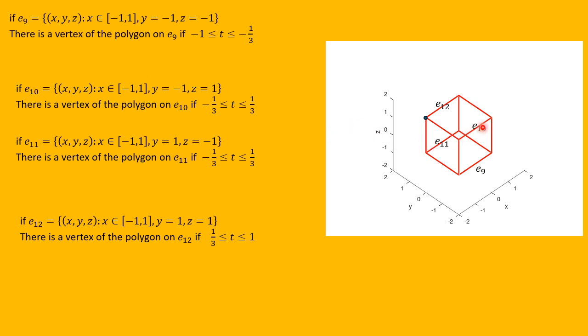For E sub 10, we get a vertex if t is between minus 1/3 and plus 1/3. On E sub 11 down here, if t is between minus 1/3 and 1/3. And on E sub 12 up here, if t is between 1/3 and 1.